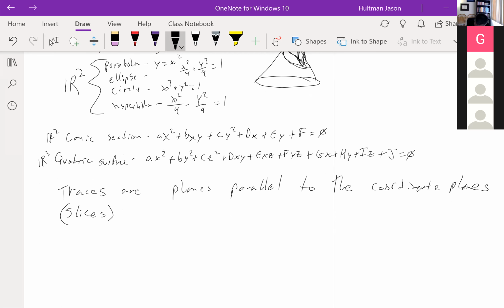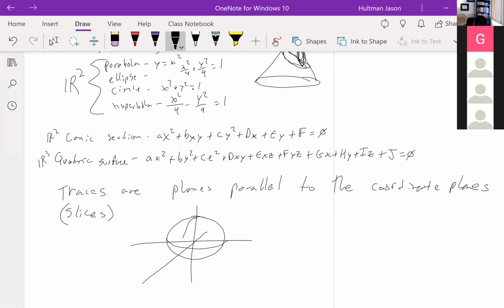If we look at a sphere here, where would the traces of this be? Well, it would be on the coordinate planes, so parallel to the coordinate plane. I'm going to put this in a different color.